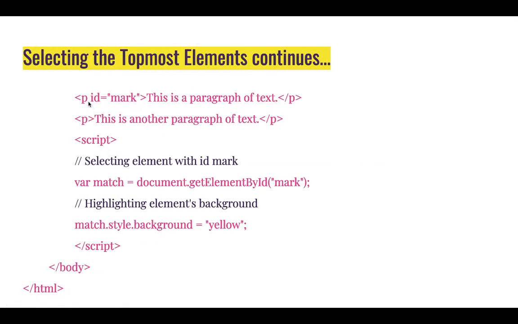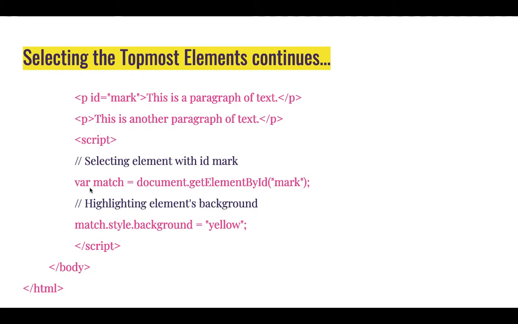So we assigned the ID of mark to this paragraph, and so to select that particular element, we simply say document.getElementById, and then we pass the ID of that particular element, inserting it inside double quotes.